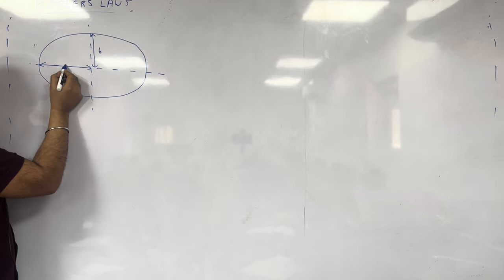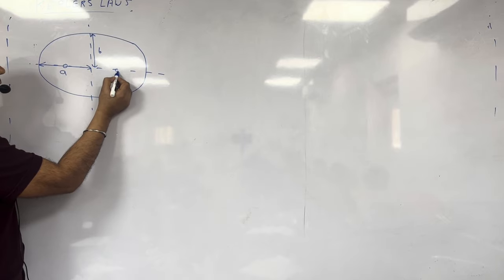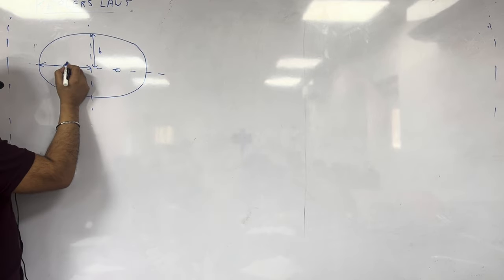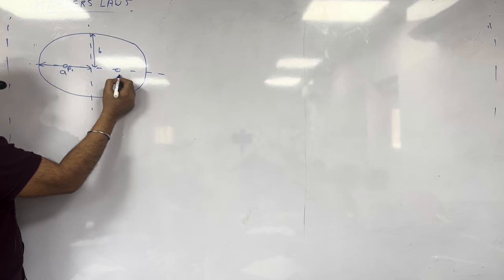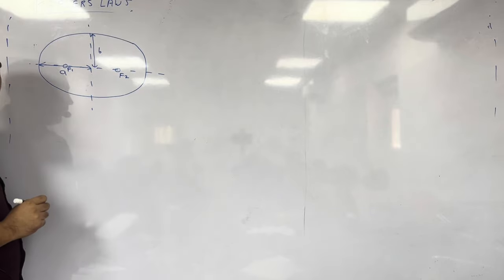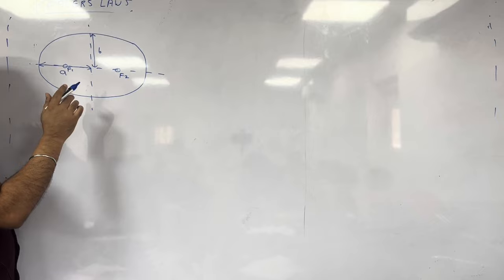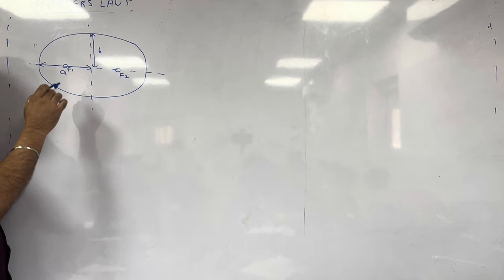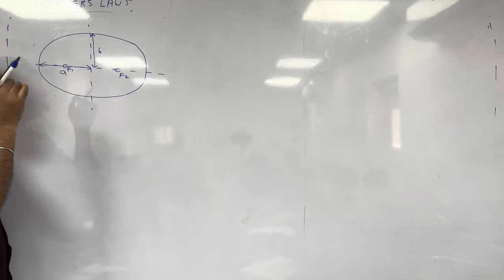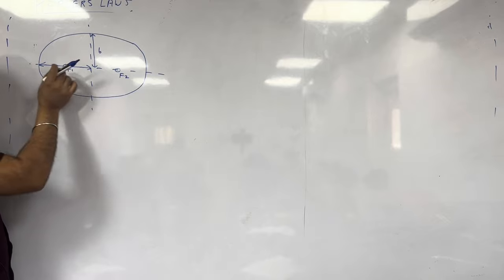And we have two foci on the ellipse, F1 and F2, right? Every planet revolves around the sun in an elliptical orbit with the sun placed at one of the foci.